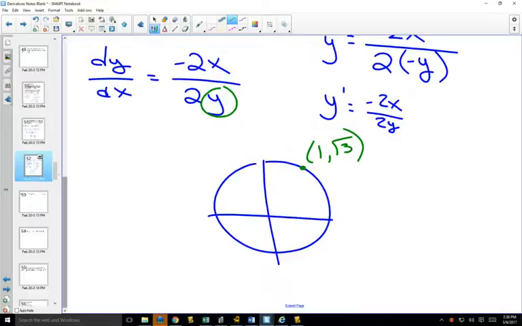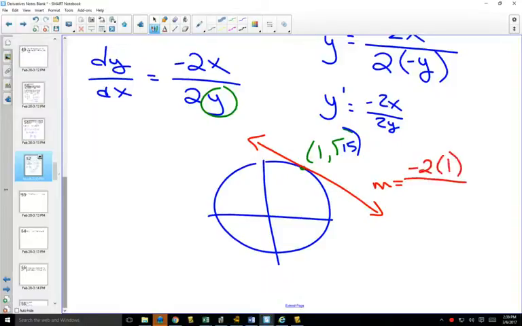What was it, 16? Is it x squared plus y squared equals 16? 15. There we go. That would still be a point on this circle. If I wanted to find the slope of this tangent line, the slope of this tangent line will be negative 2 times 1 over 2 times the square root of 15.